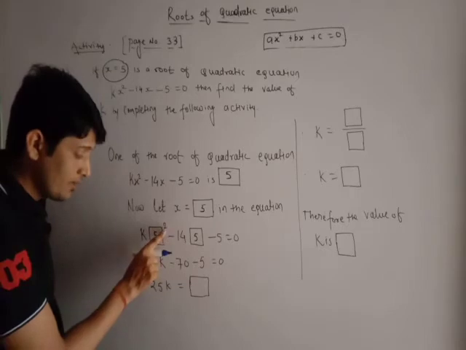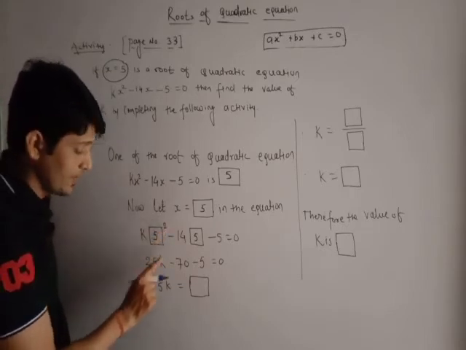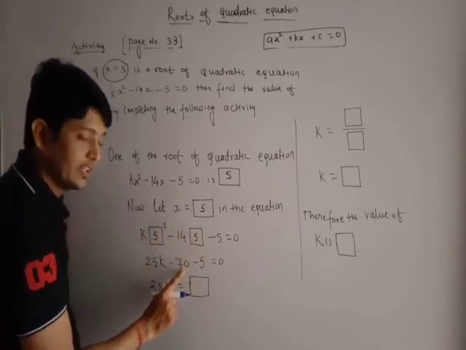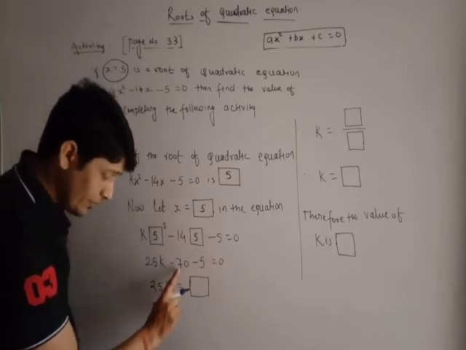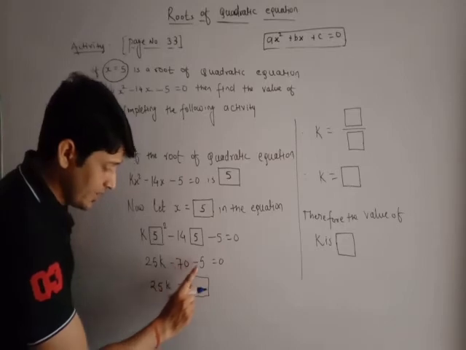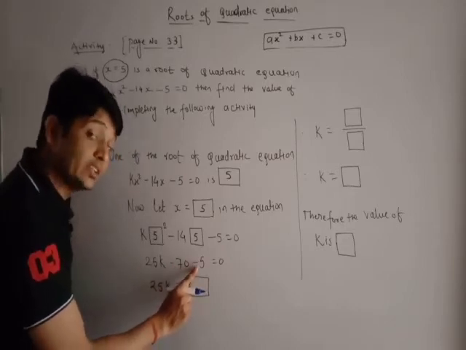The square of 5 is 25. 14 fives are 70. Minus 5 equals to 0 here. If we solve, minus 70 and minus 5 will become minus 75.